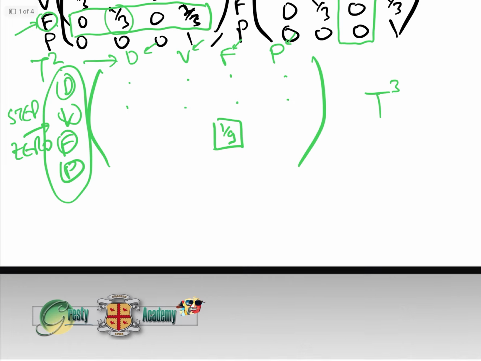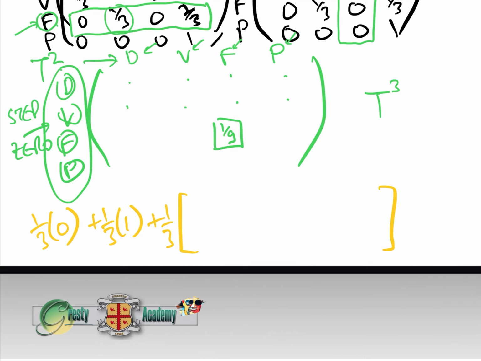And if we just actually do the maths here, it would be 1/3 times 0, that's he gets caught by the dragon. 1/3 times 1, that means he goes straight into the princess's arms. And 1/3 is the one where he goes into the volcano. And that will be following the tracks. And you can see that it begins to get very complicated because you have to follow all of the possibilities. And this is where the state transition matrix becomes very, very powerful, because it follows it all for you.